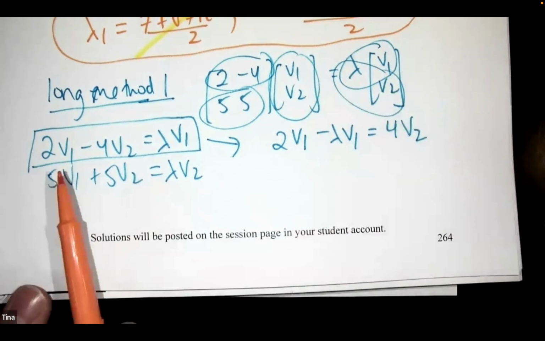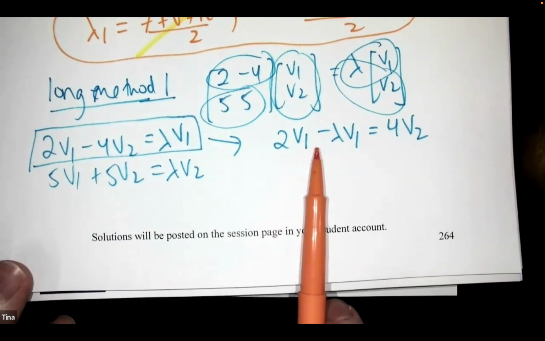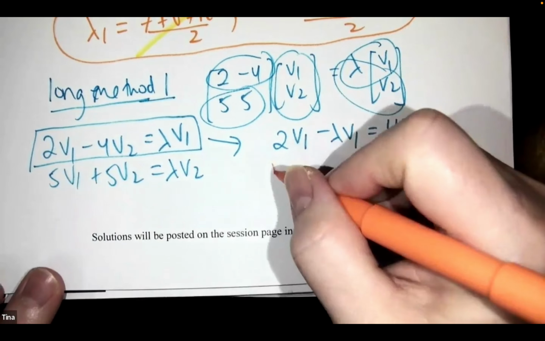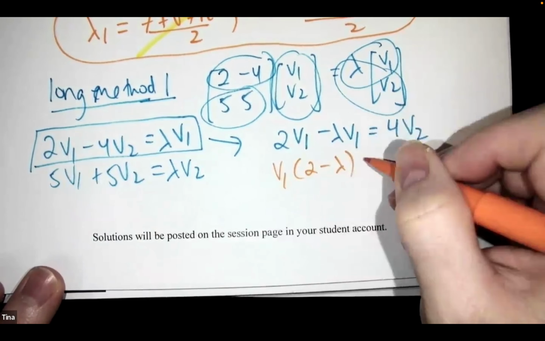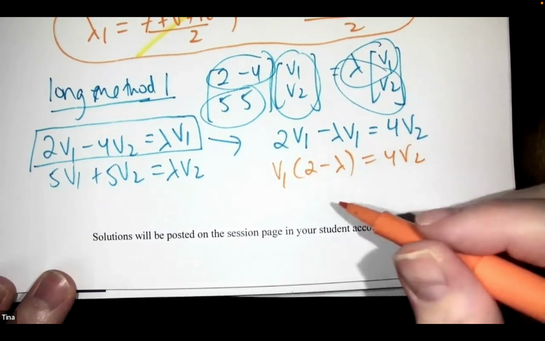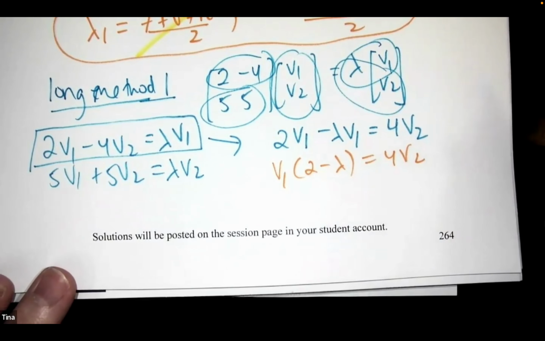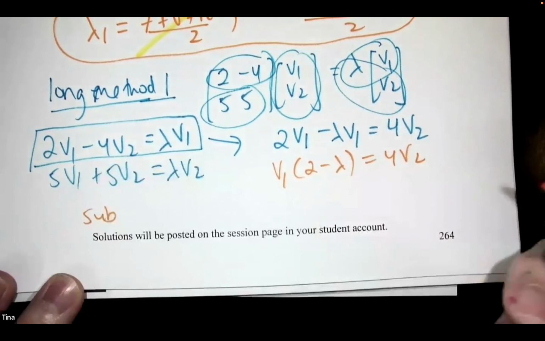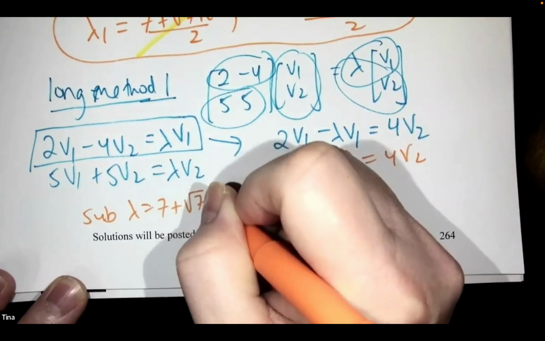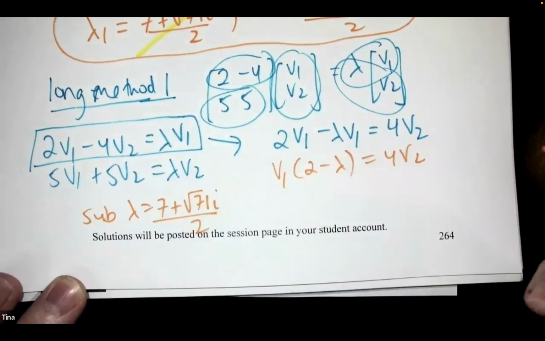So if I take out a v1, I've got 2 minus lambda times v1 equals 4v2. And I have to sub in my lambda, which was 7 plus root 71i over 2.